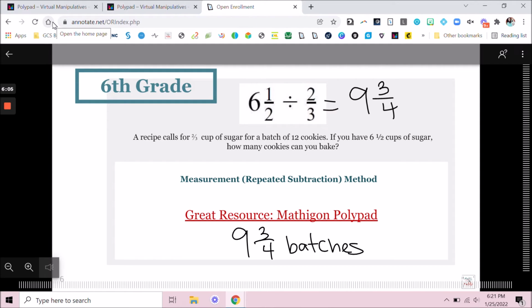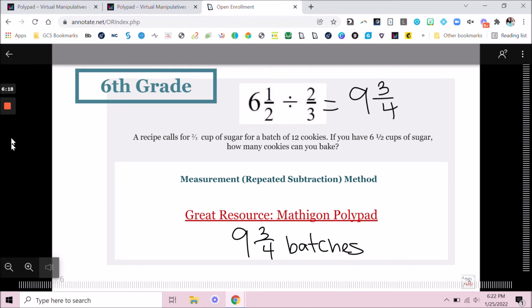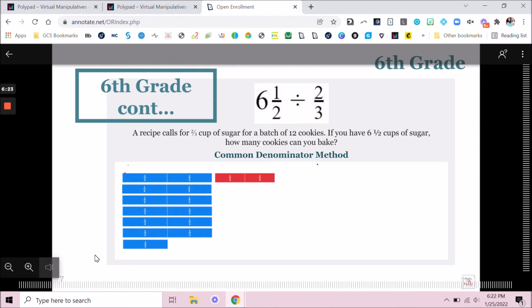Now, in 6th grade, we start to envision that, okay, if I had anything more than 6½ cups of sugar in this problem, to sit there and draw that out would be a tedious task. It would take me a long time. So we start to summarize our learning to see what's going on here. So let's first think about what we did.